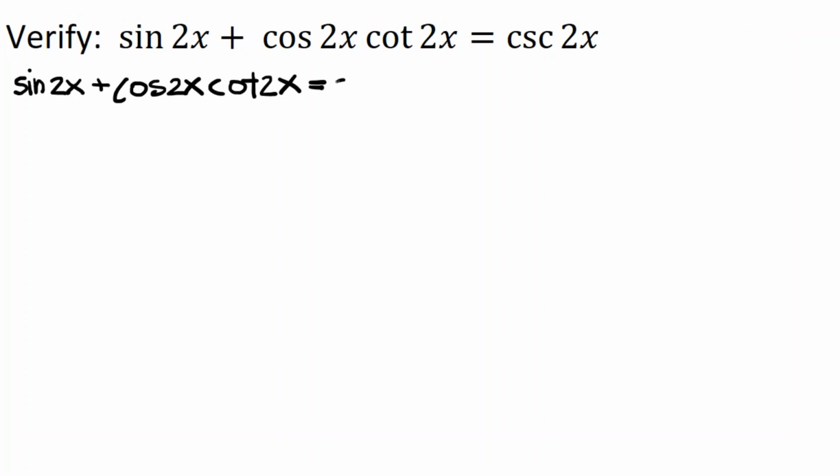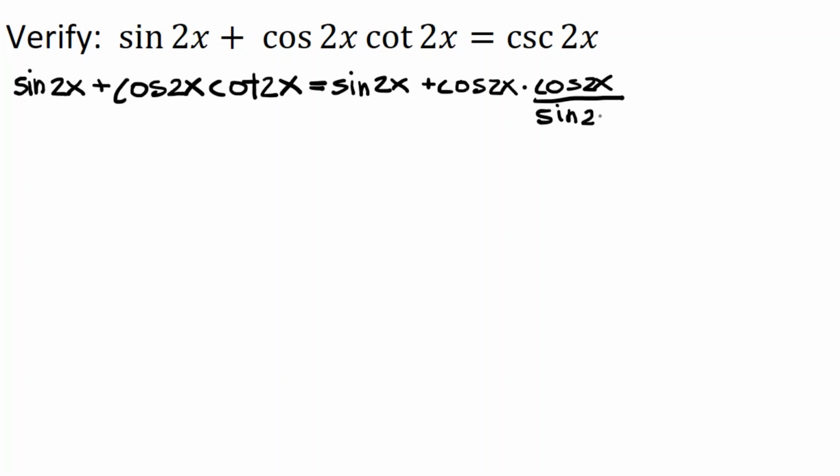Well, there's no way to really simplify sine 2x, so I'm going to leave that the way it is. Same with cosine 2x, but I can break cotangent 2x up into cosine of 2x divided by sine of 2x, because the cotangent is the cosine over the sine.